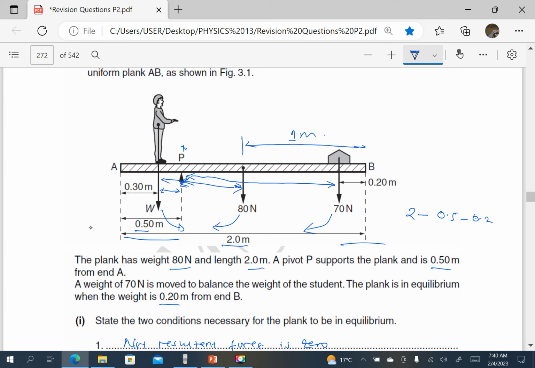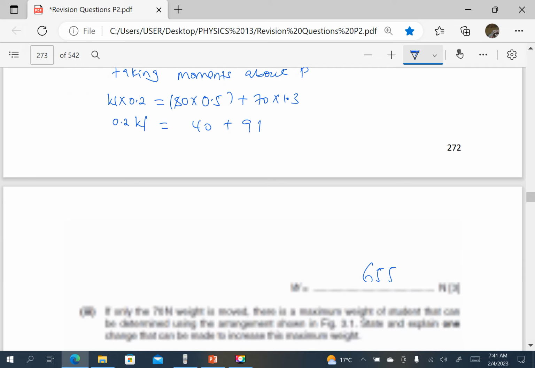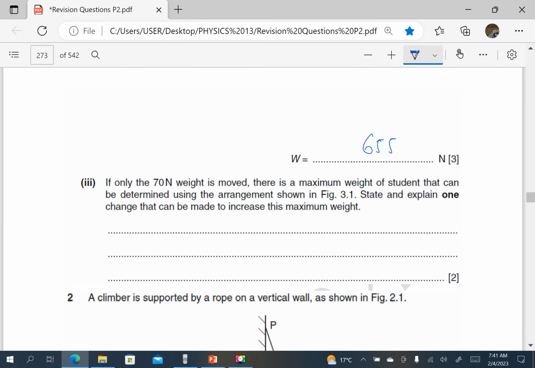We can move the student towards the pivot to reduce the anticlockwise moment, so that 70 newtons can now measure a greater weight. So number one, we can move W to the right, or towards the pivot, which gives a smaller anticlockwise moment.